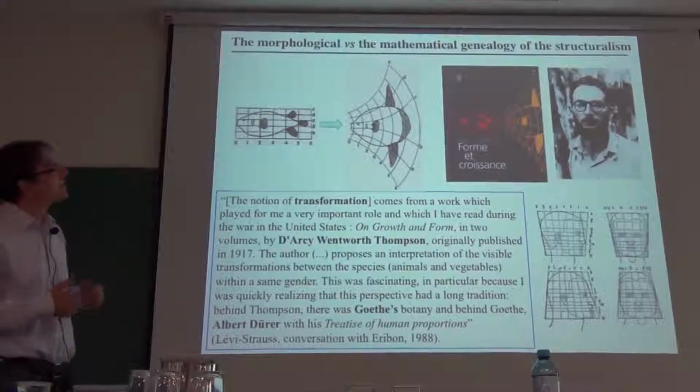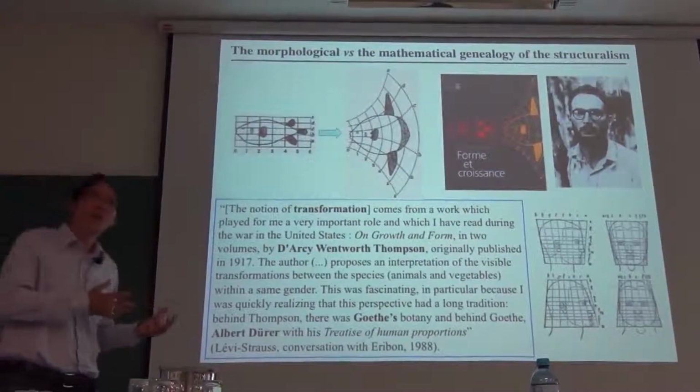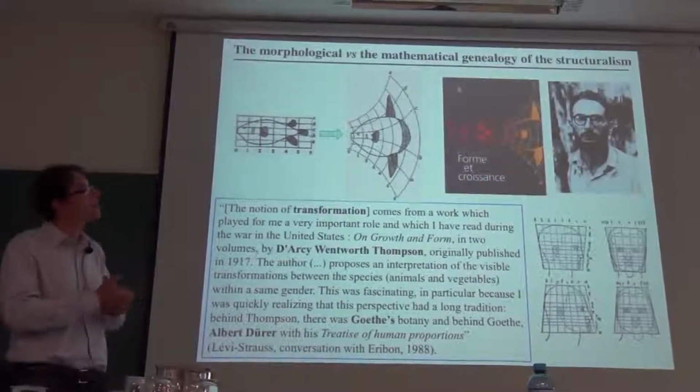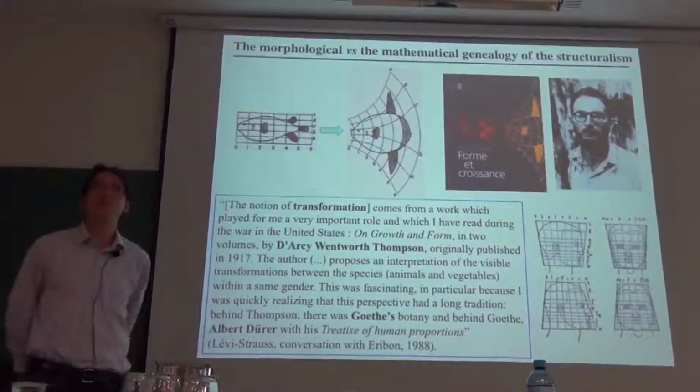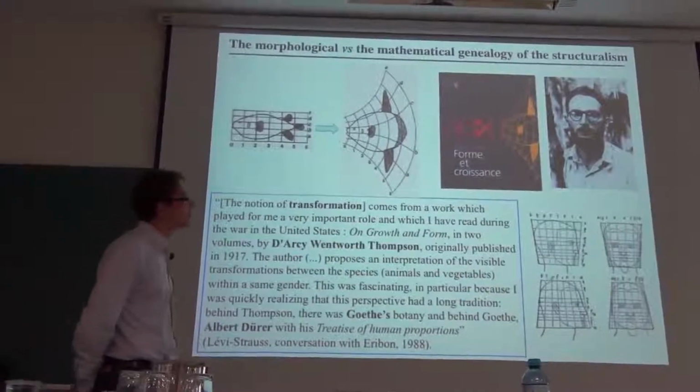So there is a tension between the morphological genealogy of structuralism and the mathematical genealogy, which goes back to Klein, to all this group theory that I showed you applied to music.